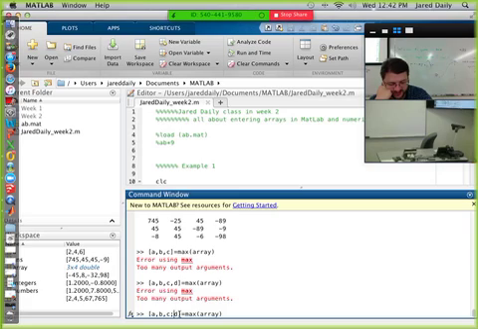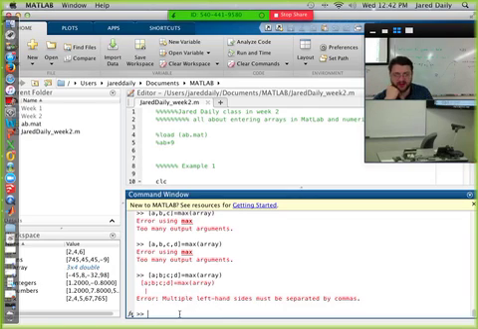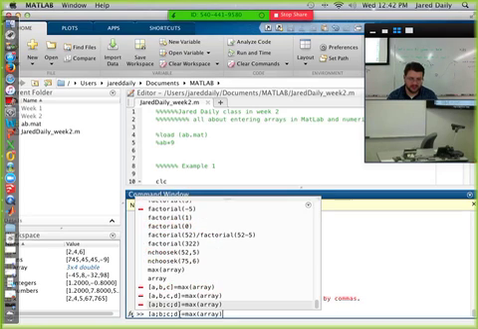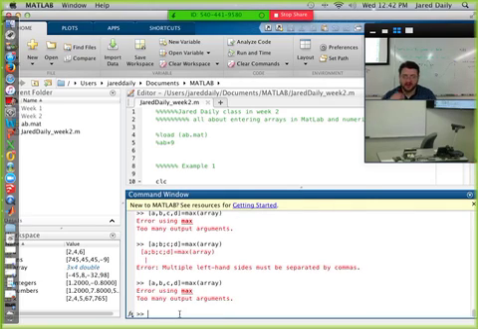let's do this. This has to be in columns, I think, because of the way I made my array. Nope, that's not it either. Maximum array.